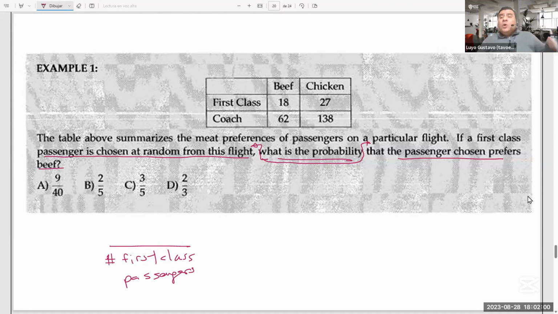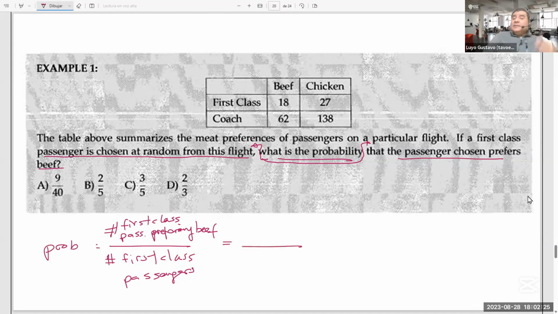Among those who are in first class, the ones who prefer beef. So first class passengers preferring beef. So now we are ready to do this calculation. This is the probability we're looking for.